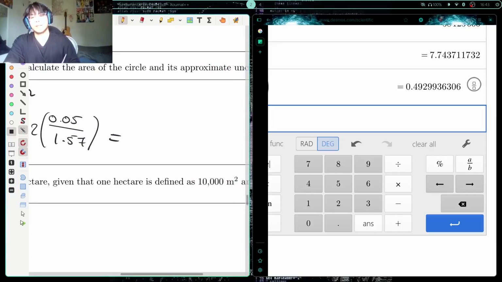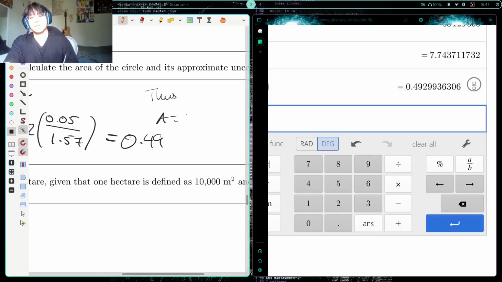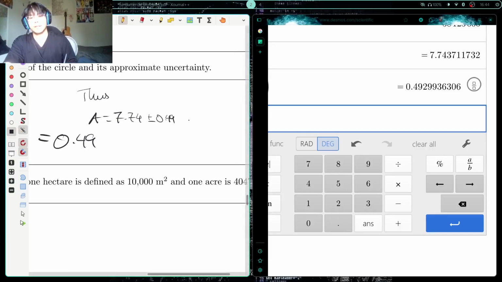Thus, A is equal to 7.74 plus or minus 0.49 meters squared.